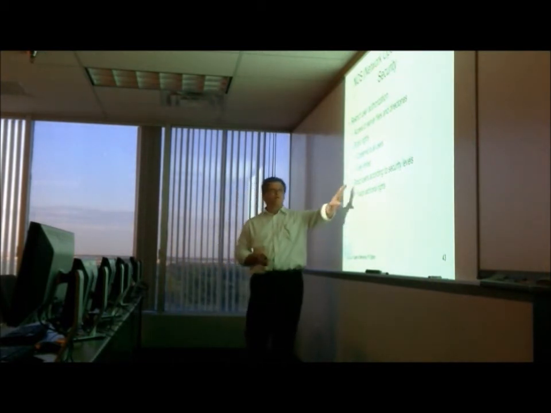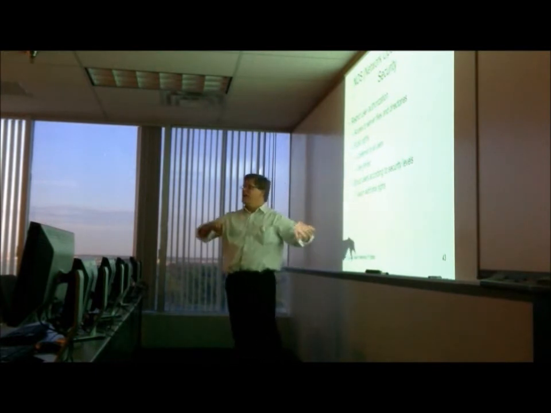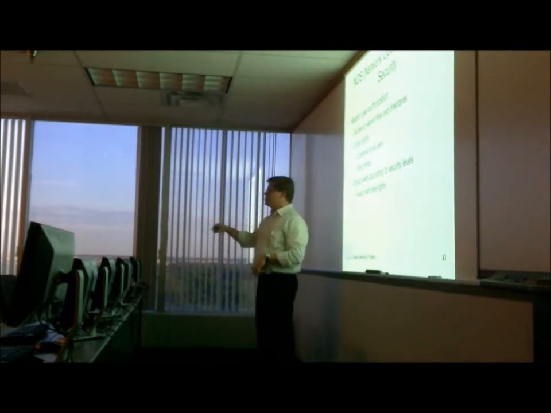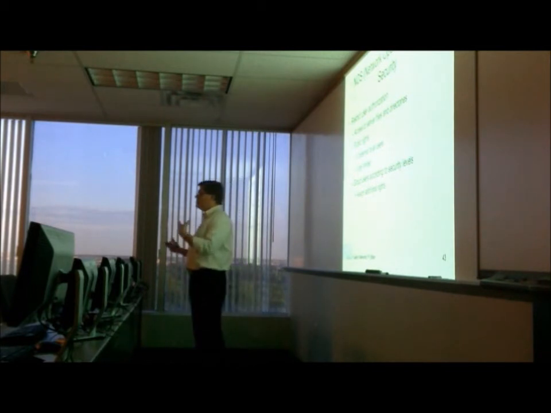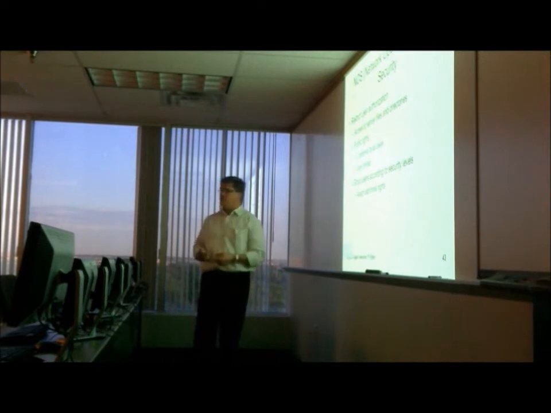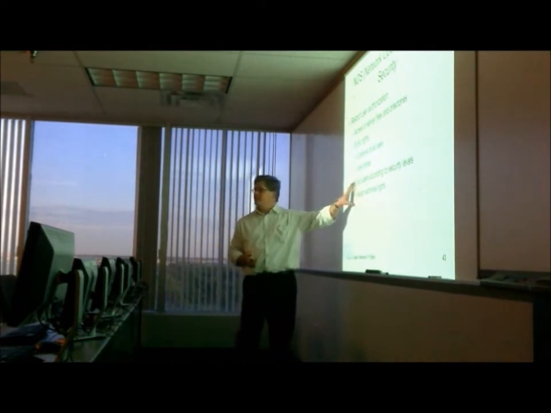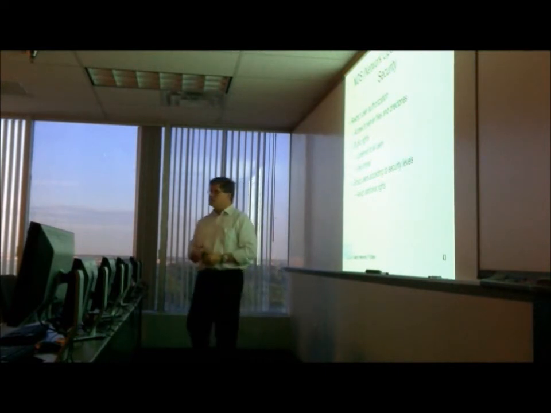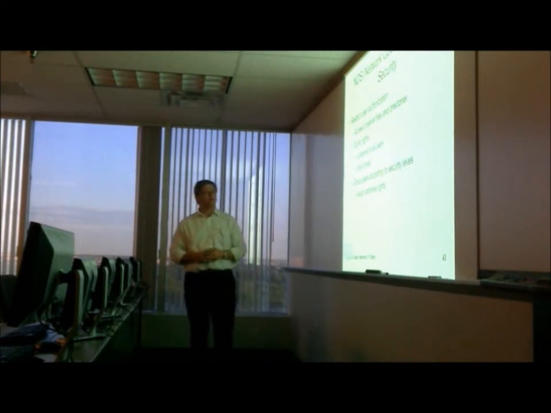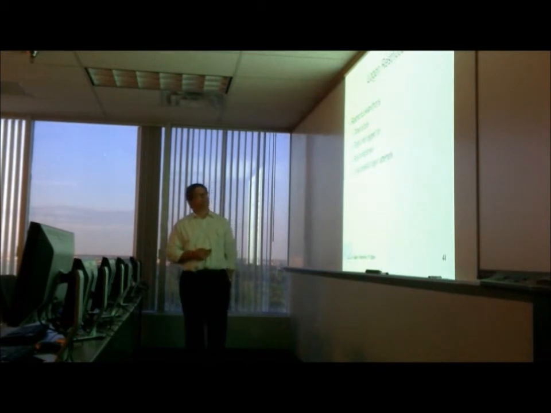The idea is rather than applying specific rules to an individual user, we apply it to a group. Because now all of a sudden, if we have a change, we don't have to go change each individual user. We just change it at the group level, and that's applied to every person that happens to be a member of that group. So it's a more efficient way of assigning rights to various users.